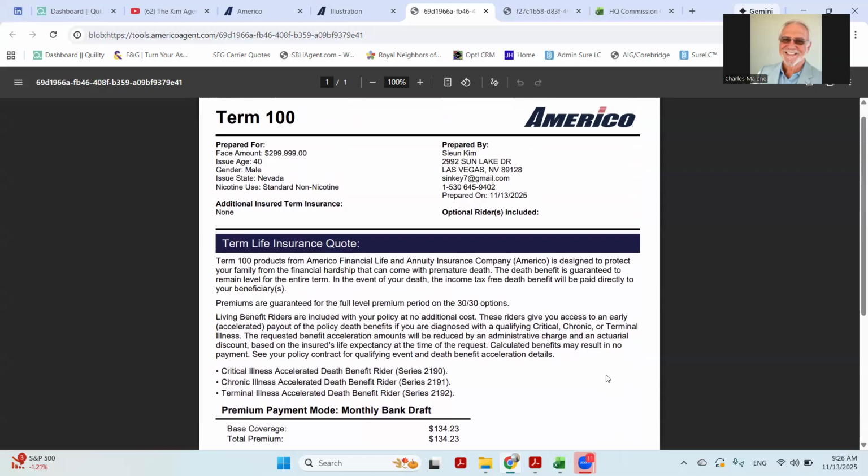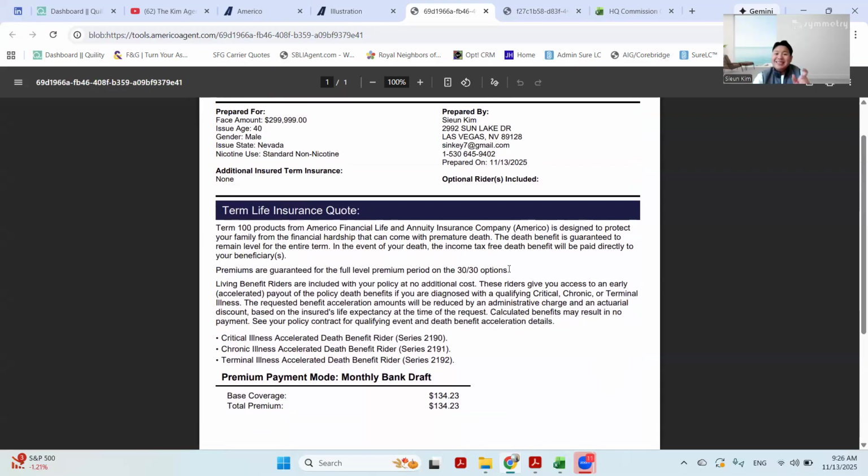And on top of that, the death benefit stays level throughout the 30 years. So if the client dies in the first year, it's a $300,000 payout. If the client dies in the fifth year, 10th year, 20th year, it's all $300,000 that pays out. So the family gets paid out more than the mortgage amount owed at the end.